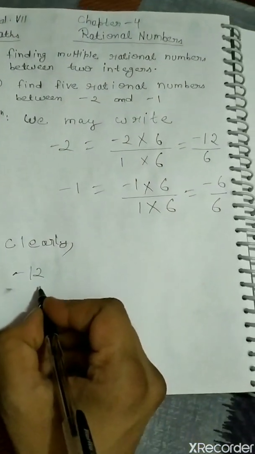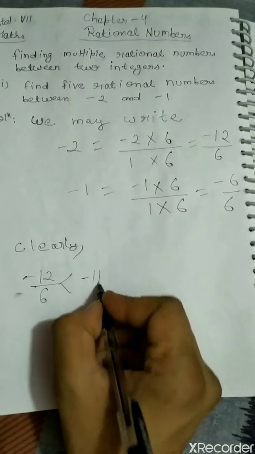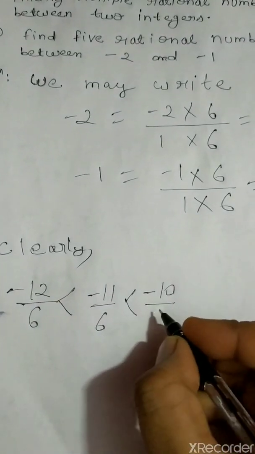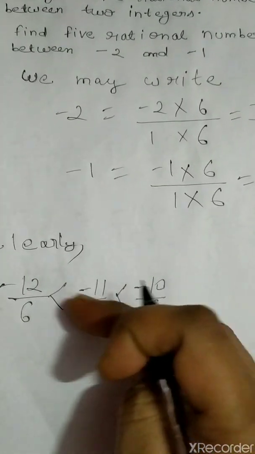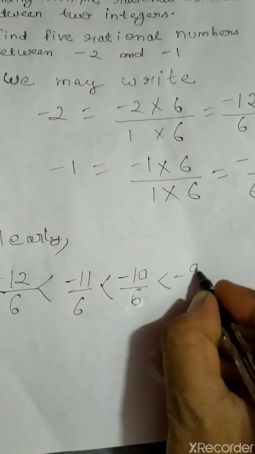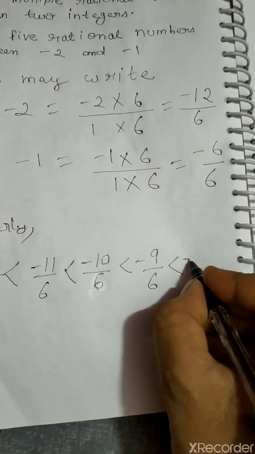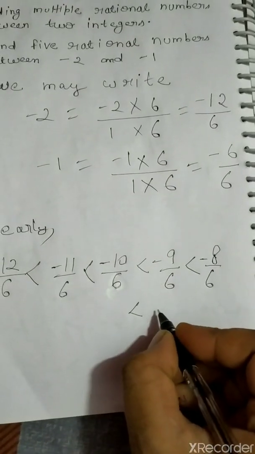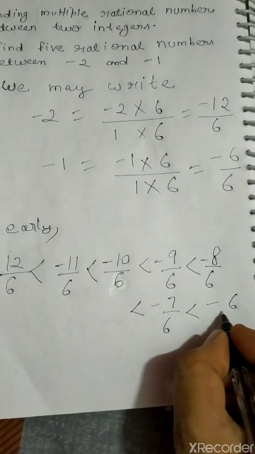So -11 by 6 is greater than -12 by 6, -10 by 6 is greater than -11 by 6, and then -9 by 6, more than this we write -8 by 6, and more than this -7 by 6, and more than this -6 by 6.